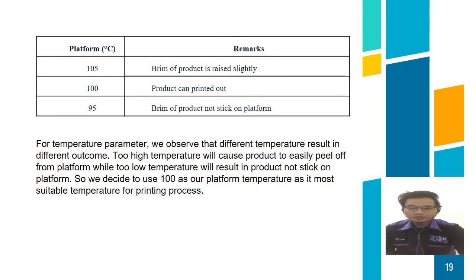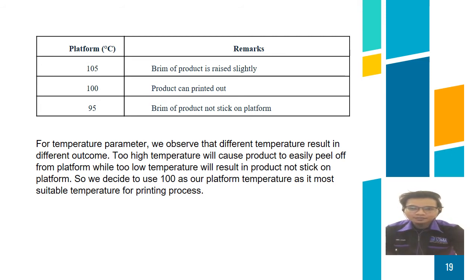Okay, the next result is for parameters in terms of temperature. For the platform, we tried to use 100 Celsius. This is the temperature recommended by Flashforge, and we observed that the brim of the product rises slightly. Then we decided to decrease the temperature to 95 Celsius.